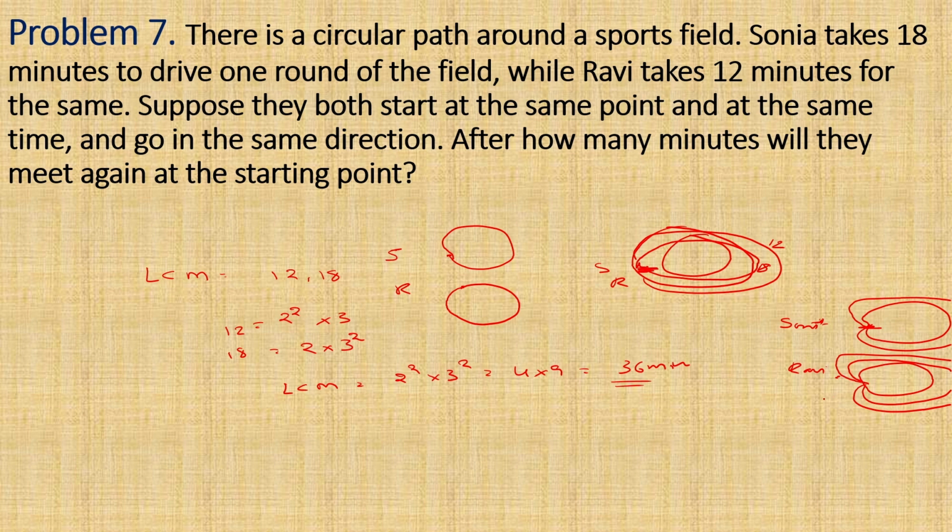So 12 into 3, 36. So in 36 minutes, Sonia completed 2 rounds and came to the same point, and Ravi completed 3 rounds and came to the same point. So for this type of problem, we simply need to write the LCM of those two numbers to get the same starting point for both.